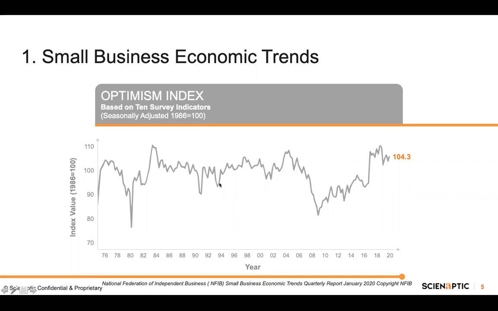Now, this has been the longest trajectory up over the entire history when the survey was taken. And in fact, it's a reading which is among the top 10% of all the readings in the 46-year history of the survey. So quite powerful in terms of where businesses are heading overall.